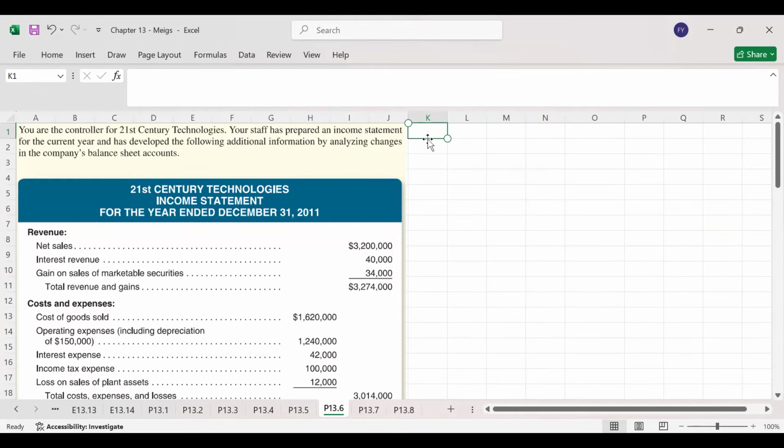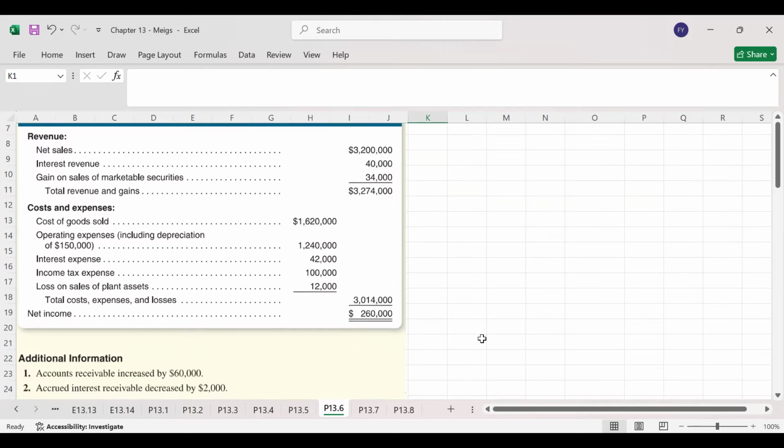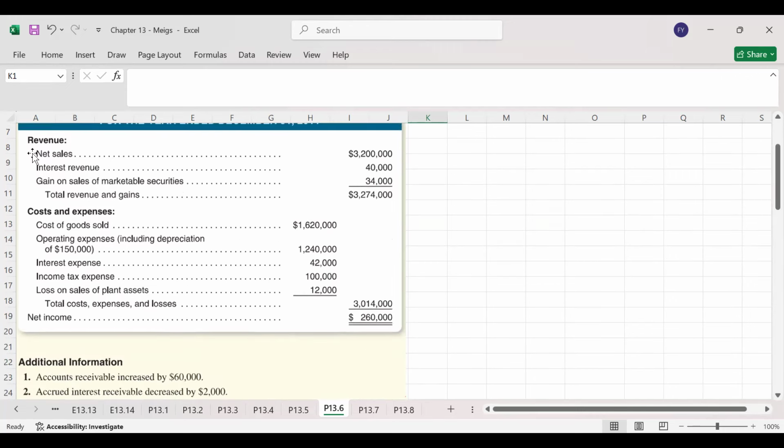You can see that the income statement is given. In the income statement, we have revenues: net sales, interest revenue, and gain on sale of marketable securities. This is your non-operating gain. Then the costs and expenses are given: cost of goods sold, operating expenses, including depreciation expense of $150,000.